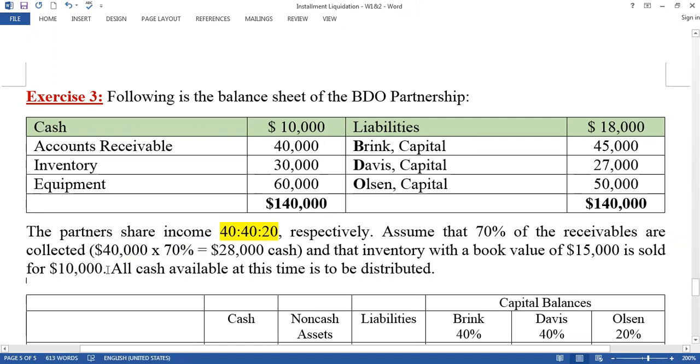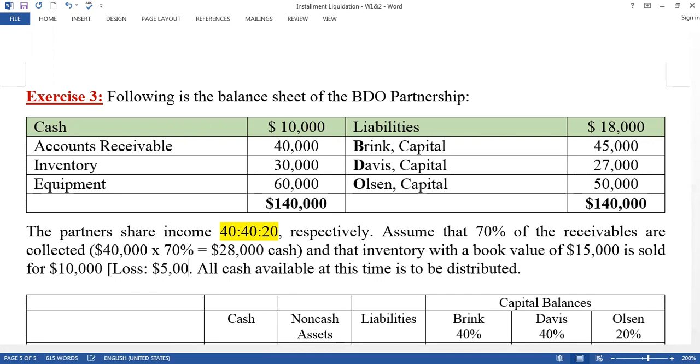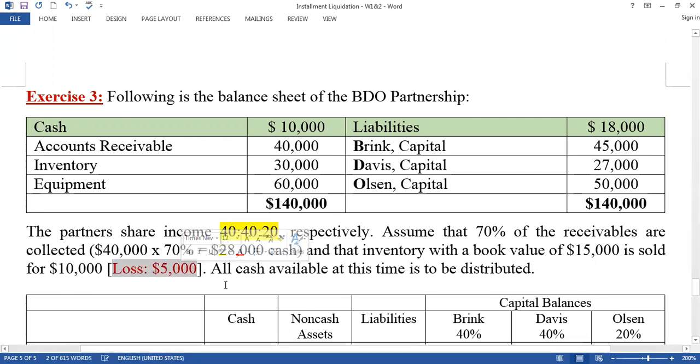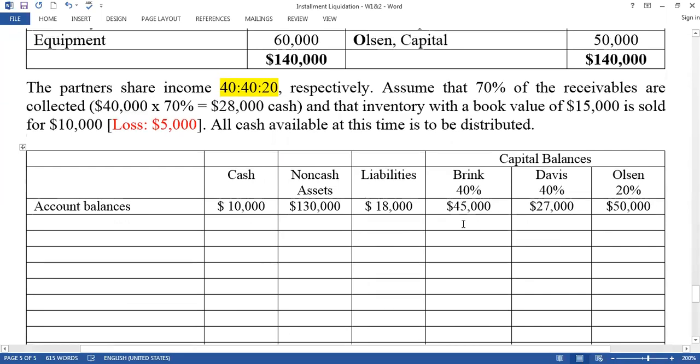It means we have a gain or loss here. We have a loss, right? Very good. How much? $5,000 loss. If we have any loss, we are going to allocate this loss to the partners.